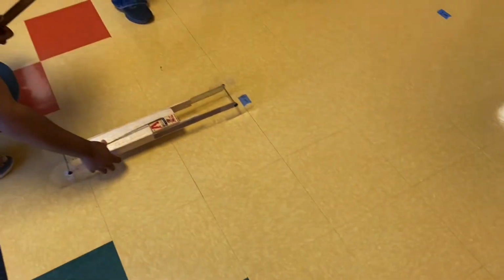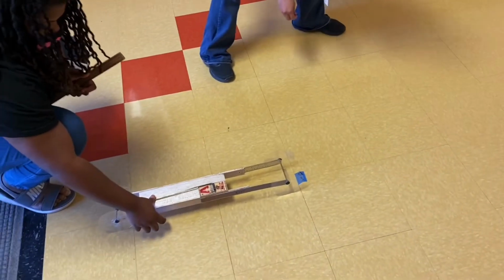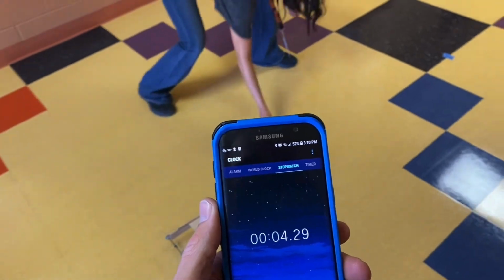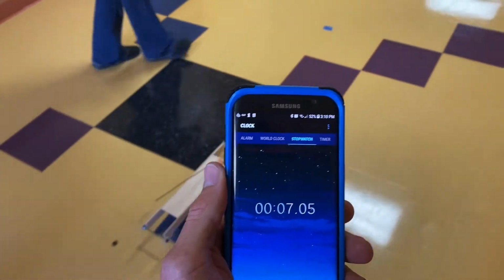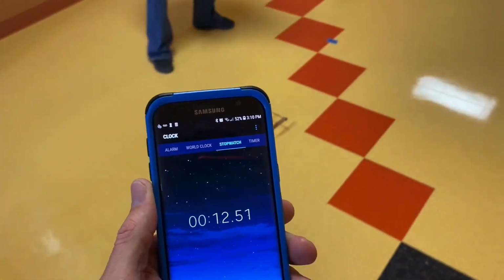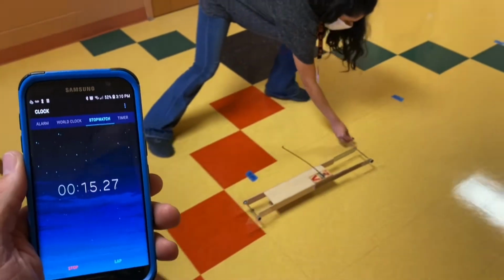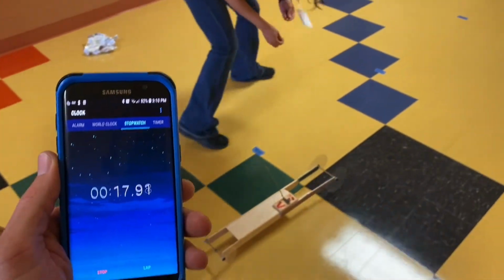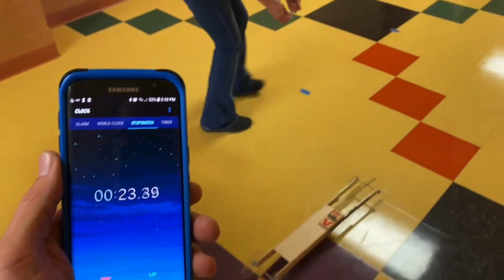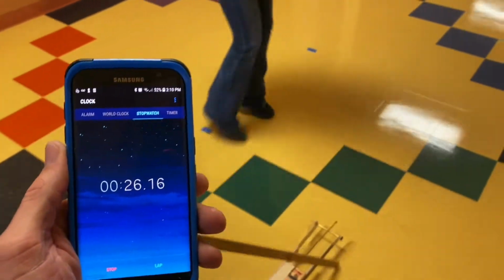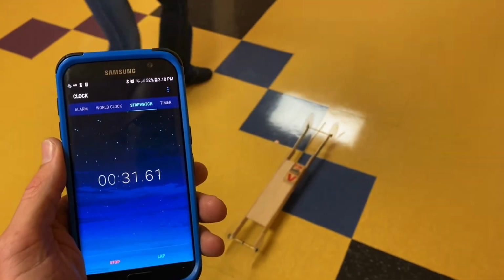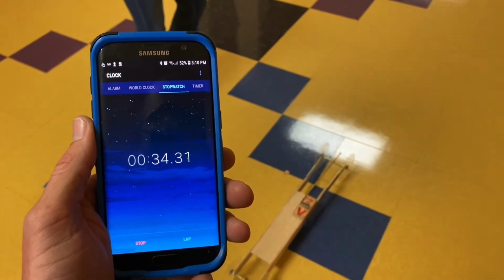We're going to release in 3, 2, 1, go. Oh, whoops, okay, here. At 5 seconds, 4 and 5, right there. 7, 8, 9, 10, 11, 12, 13, 14, 15, 16, 17, 18, 19, 20, 21, oh no, once again, 23, 24, 25, 26, 27, 28, 29, 30, 31, 32, 33, 34, 35.